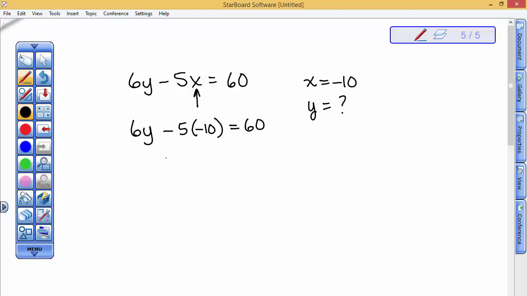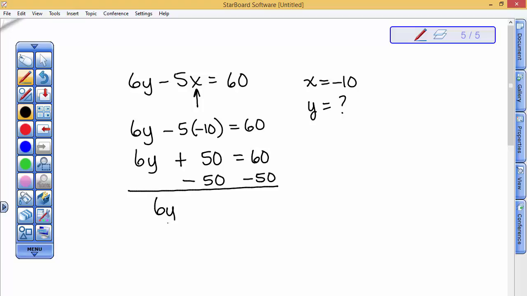This -5 times -10 is +50, and then I want to subtract 50 from both sides because I want to get the y term alone. So I have 6y equals 10. Finally, I'm going to divide both sides by 6, and I find out that y equals 5/3. So when x is equal to -10 here, I have just shown myself that y would equal 5/3. So please be ready to do that as well.